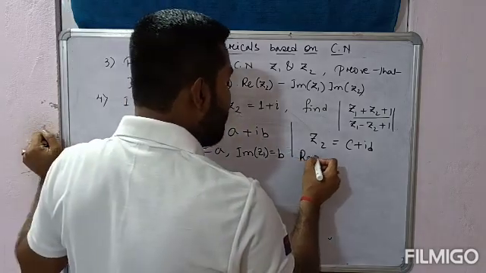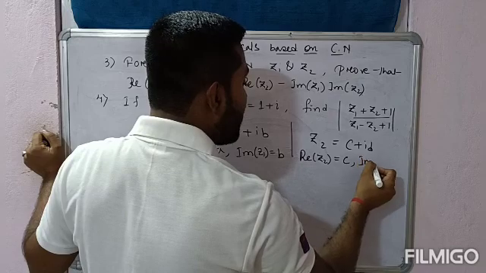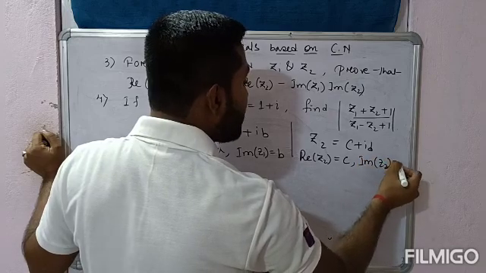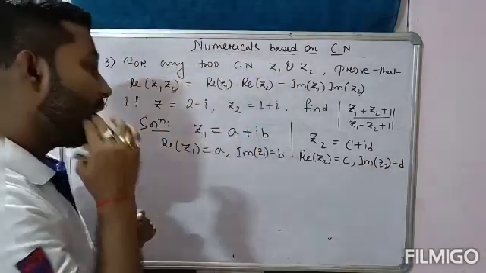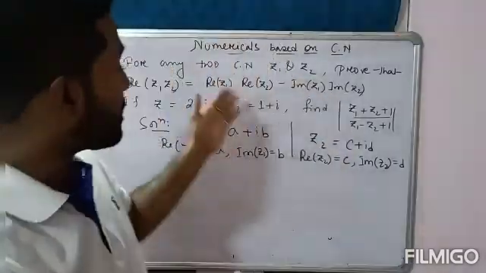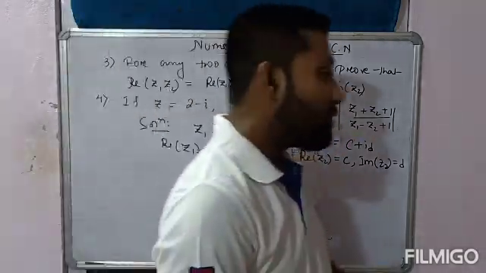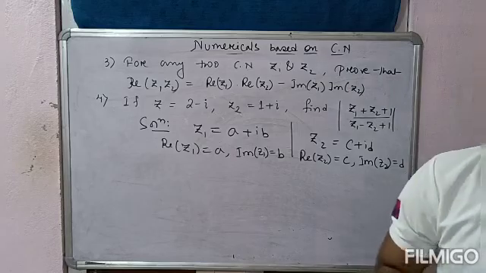Here the real part of z2 is c and the imaginary part of z2 is d. ठीक है, रियल पार्ट और इमेजिनरी पार्ट को मैं सेपरेट कर दिया. क्यों सेपरेट किया? बिकॉज क्वेश्चन में भी वैसे ही पूछा गया है. ओके, so that is why I have written separately the real and imaginary part.